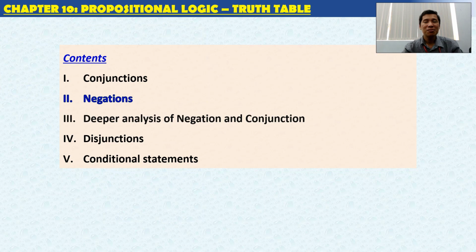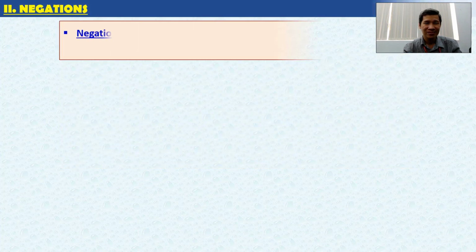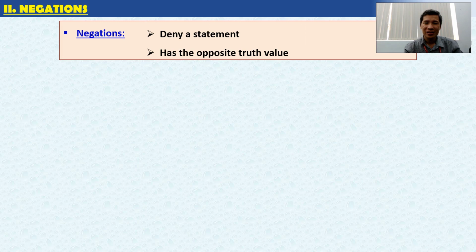Okay, now let's move on to issue number 2. We go to negations. Do you see some relationship between the word negation and what you often have with negative, right? Now negations, you're right, that's negative. A negation denies a statement and it has the opposite truth value.